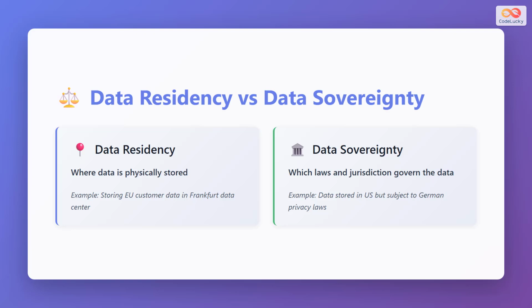It answers the question, which country's legal framework applies to this information? For instance, data might be stored in the United States but still be subject to German privacy laws if it belongs to German citizens. While related, these are distinct concepts. Data residency is about location, data sovereignty is about legal authority. Both must be considered when designing compliant cloud architectures.